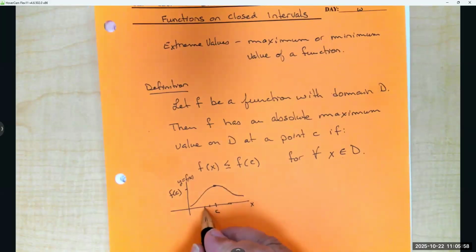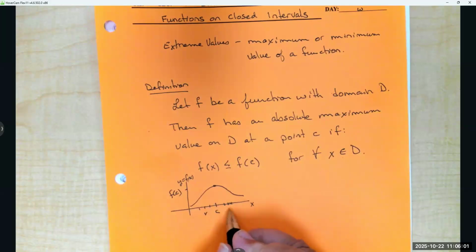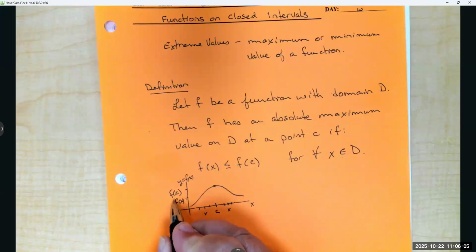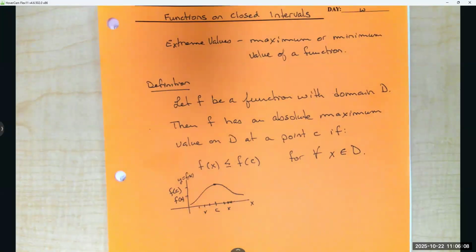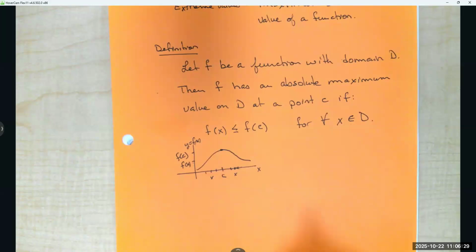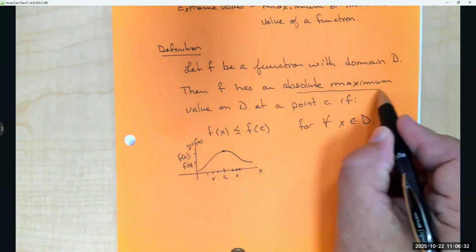That means all these other x values to the left and to the right of C, all of these f of x's have to be less than f of C. So if that's the case, then we have a maximum. So that's an absolute maximum.